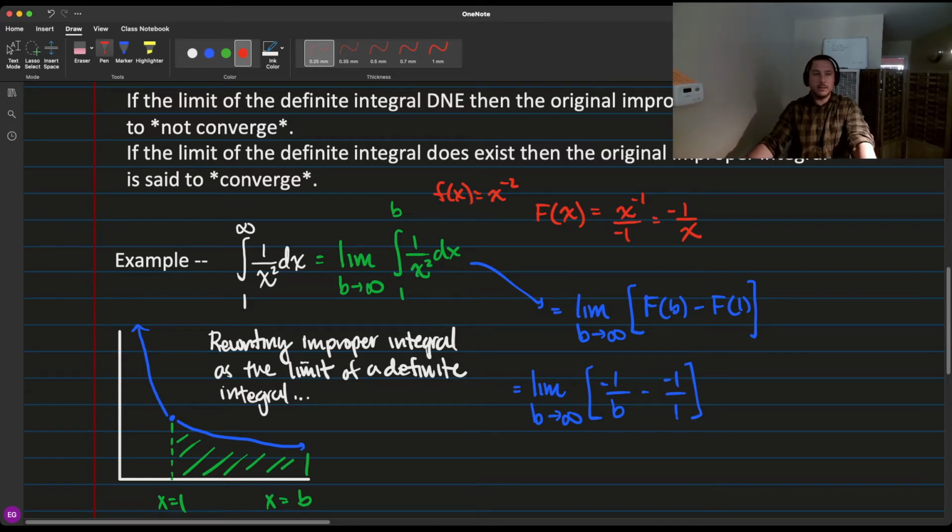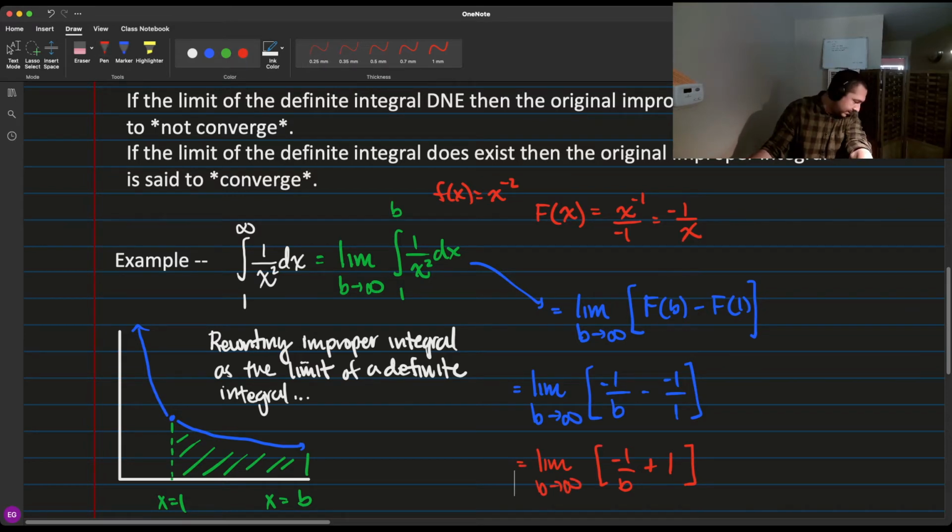So let's simplify. Those double negatives will become plus 1. So you're going to get 1 minus 1 over b, limit as b goes to infinity. Yeah, I'm doing this right.